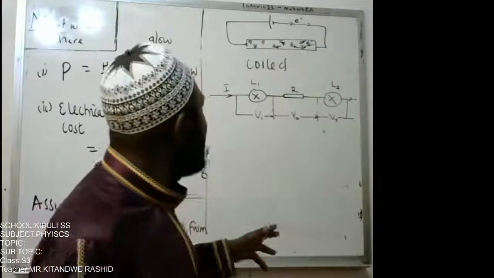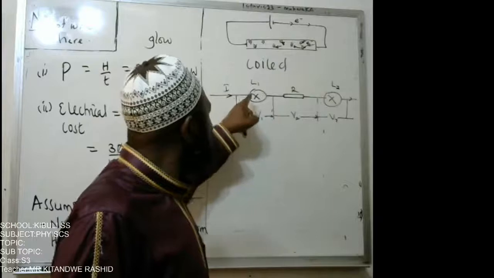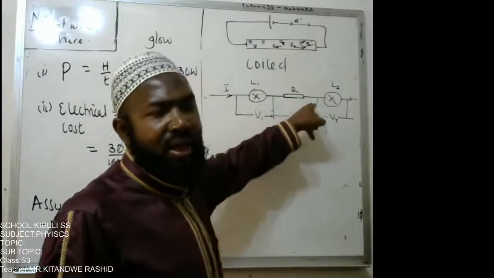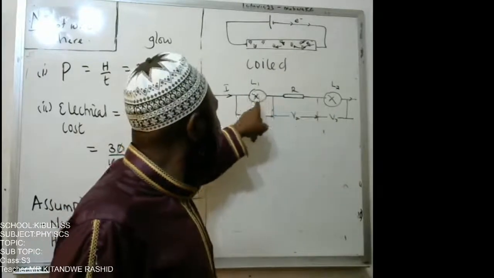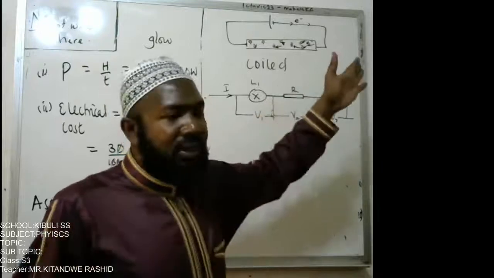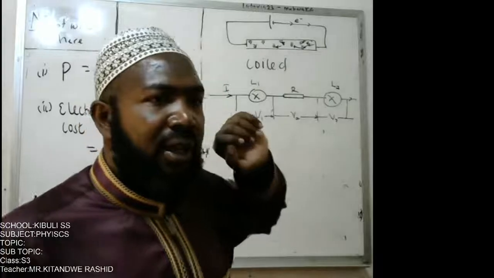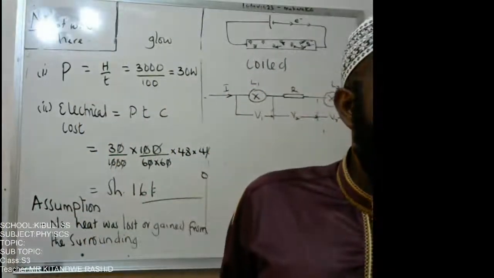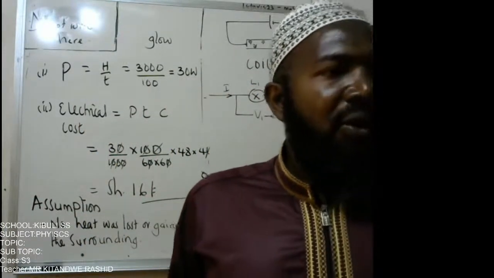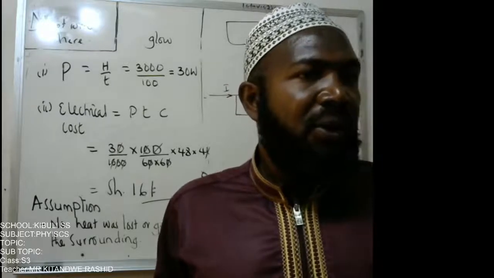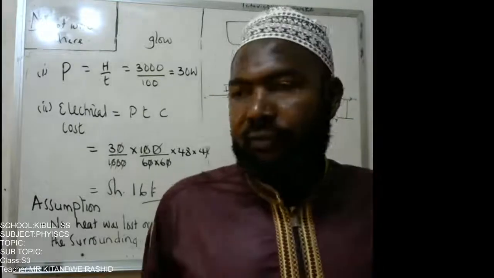The reason is that current has to flow through one to go to another. So when there is a roadblock here, then you cannot proceed. Are you getting it? So that's why we are saying that with a fault in one appliance, all other appliances will go off.